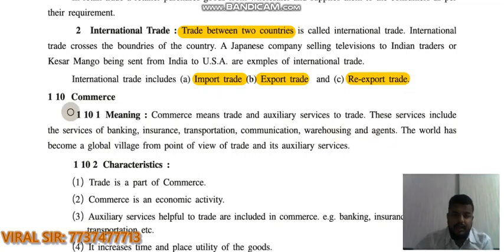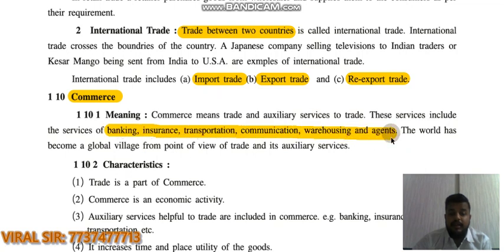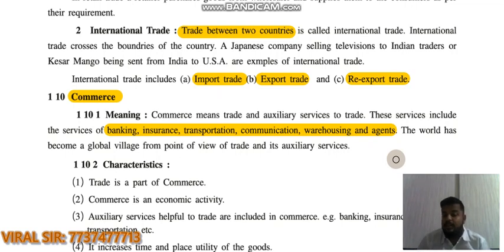Now the second type of classification of business activities, that is commerce. Now what is commerce? Commerce means trade and auxiliary services to trade. These services include banking, insurance, transportation, communication, warehousing, and agents. The world has become a global village from the point of view of trade and its auxiliary services.